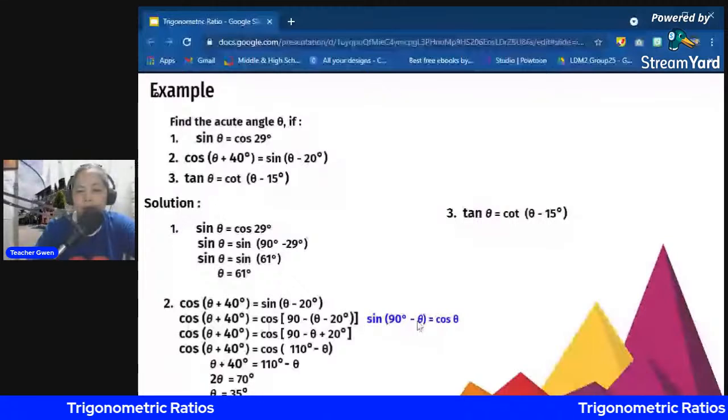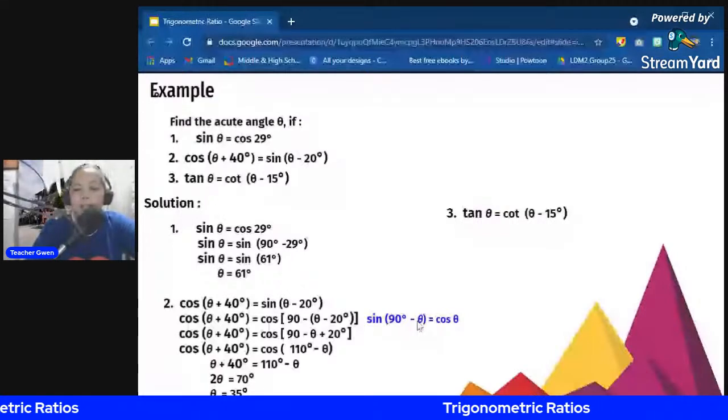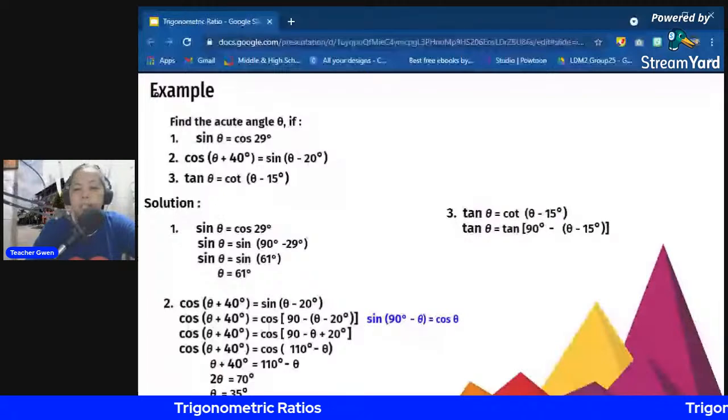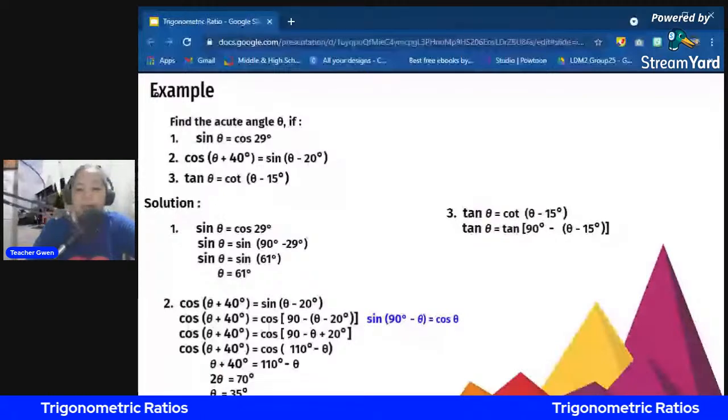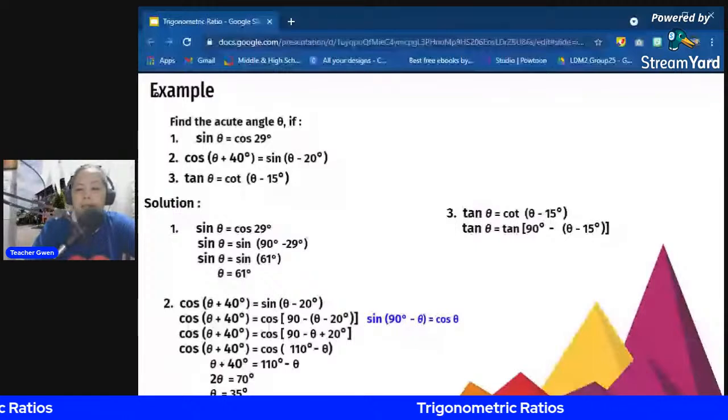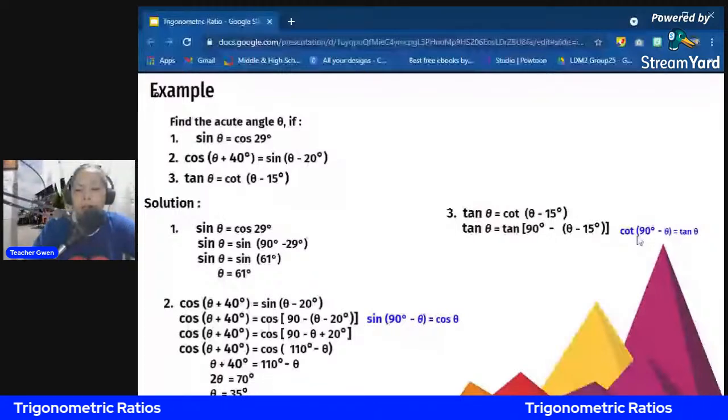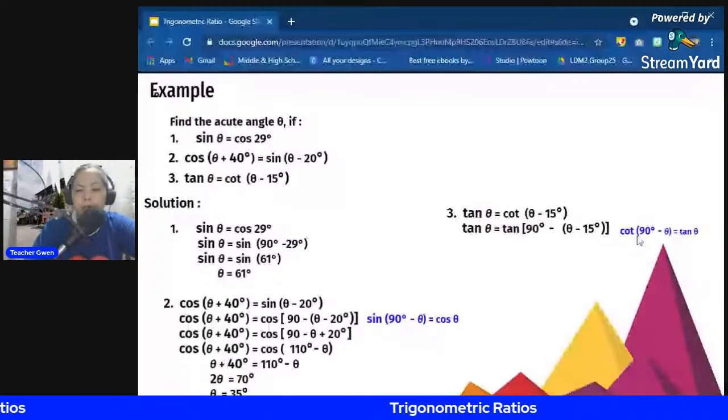So, tangent theta is equal to tangent of 90 degrees minus, okay, theta minus 15. Okay, take note, cotangent of 90 degrees minus theta is equal to tangent theta. Okay? So, 90 degrees minus the quantity or the set of theta minus 15 degrees.